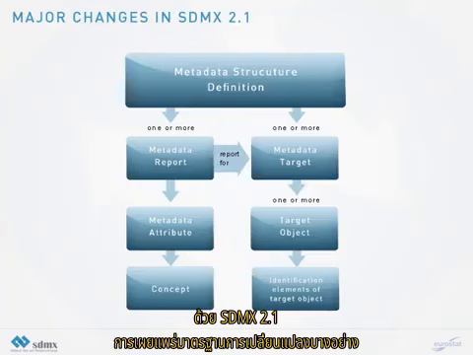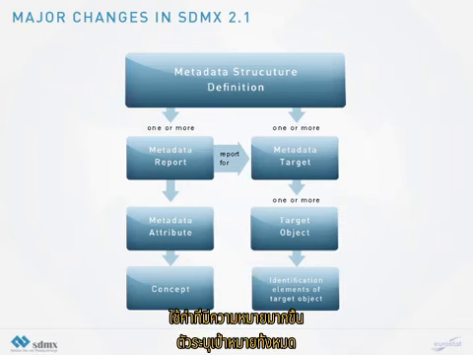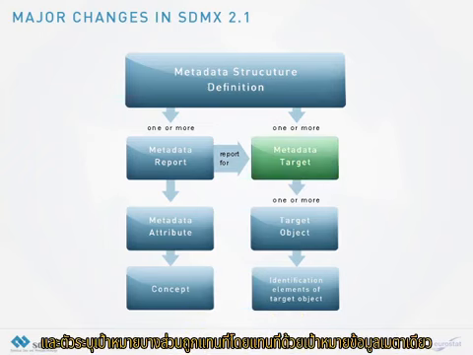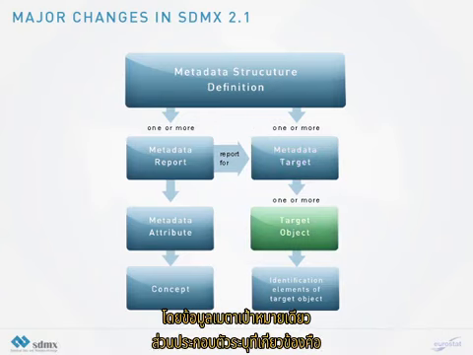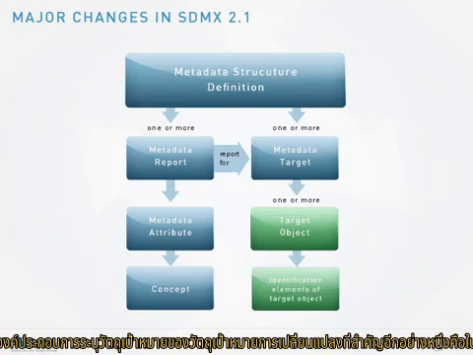With the SDMX 2.1 release of the standards, some changes were introduced. Using more meaningful terms, the full target identifier and partial target identifier are replaced by the single metadata target. The related identifier component is renamed target reference, containing the identification elements of a target object.